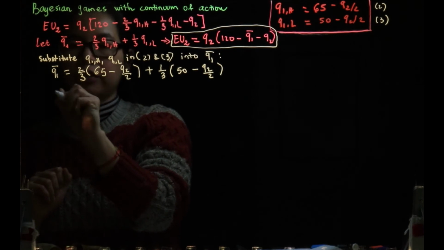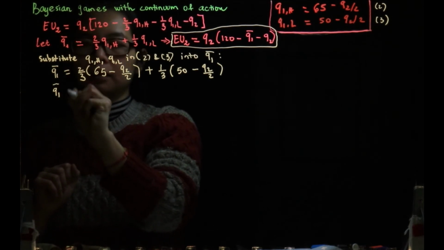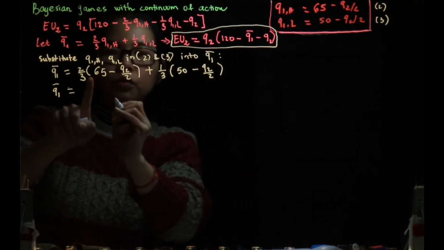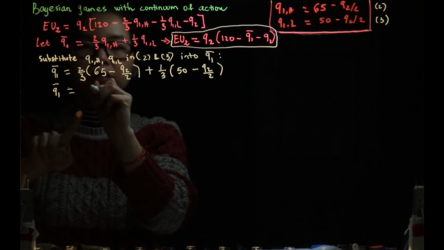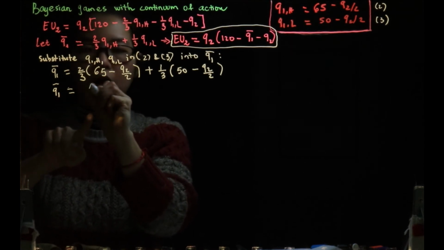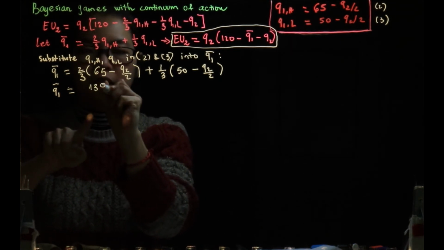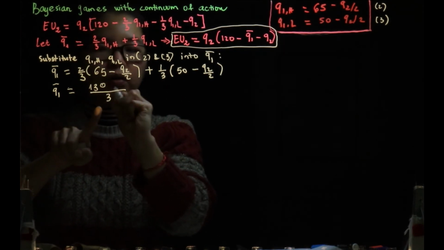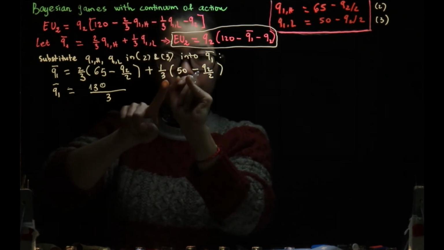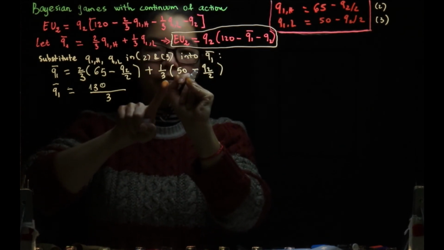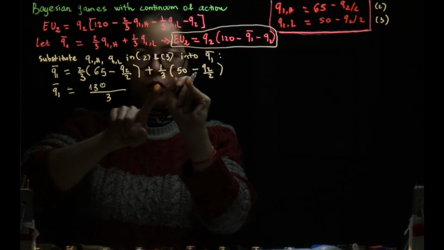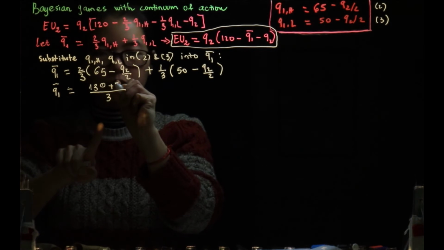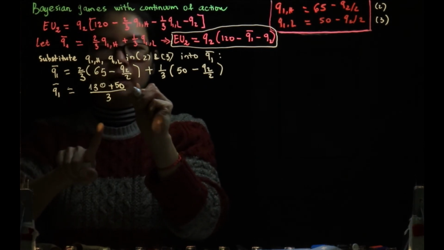Then we would have Q1 bar equal, now 2/3 times 65, so 2 times 65 is 130, right? Over 3, because here we have 1/3 times 50, that means 50 over 3 plus 130 over 3, right?